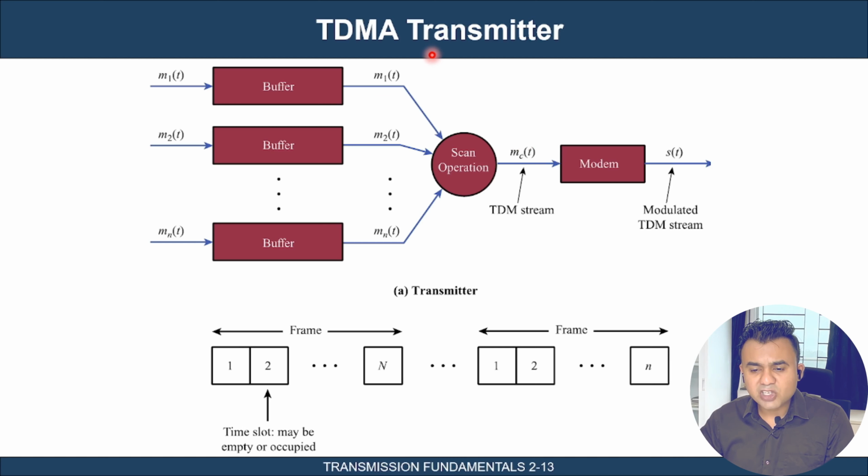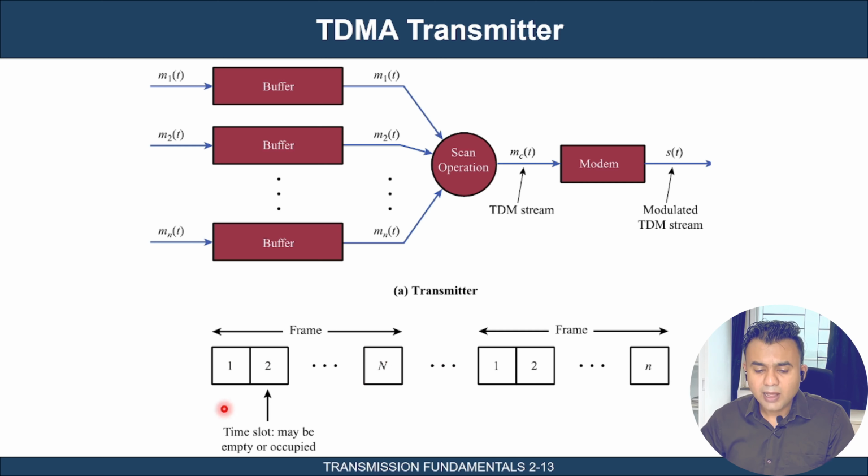If we look at the basic structure, the TDMA transmitter would be like this. Let's say I have n number of messages, M1(t), M2(t), MN(t). They go first into the buffer and are stored there, and then we have a scan operation and we create the TDM stream, such as, let's say, this is my frame. In slot 1, mobile user 1 can talk. In slot 2, mobile user 2 can talk, and so on.